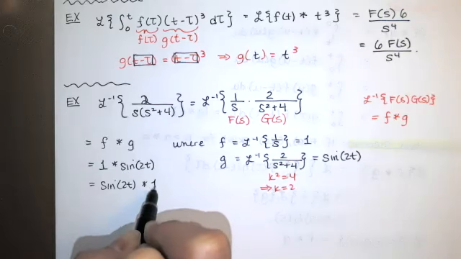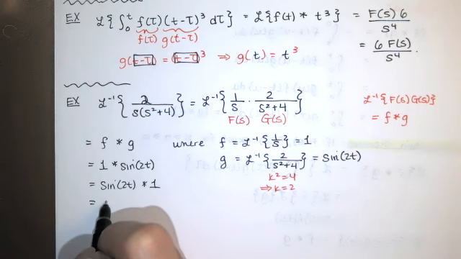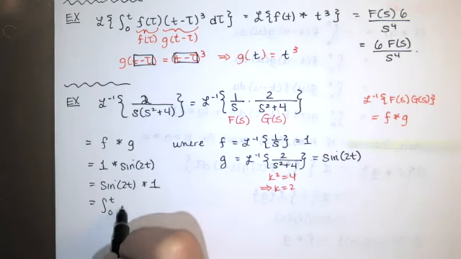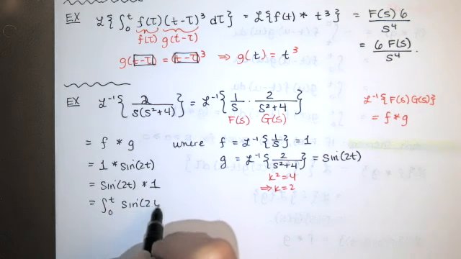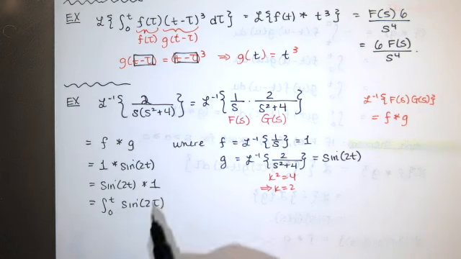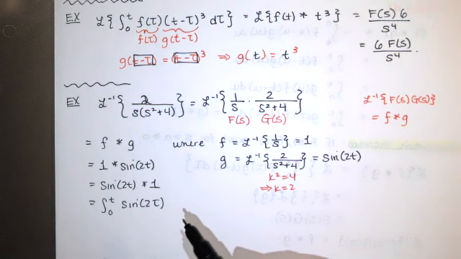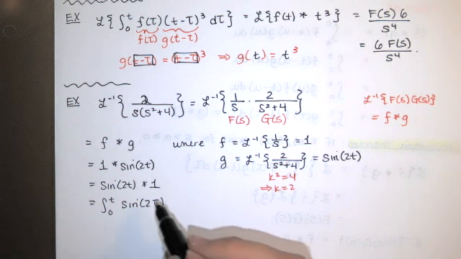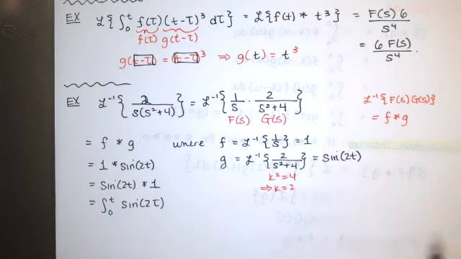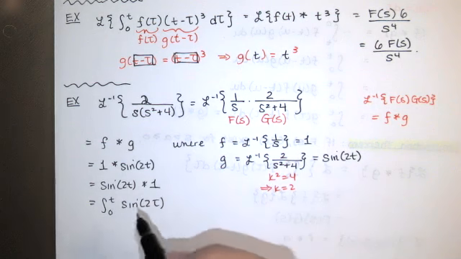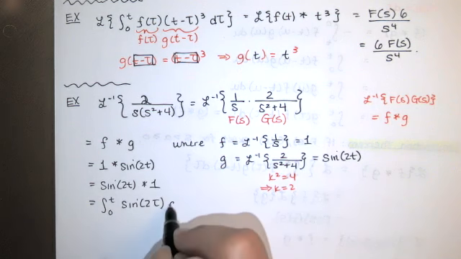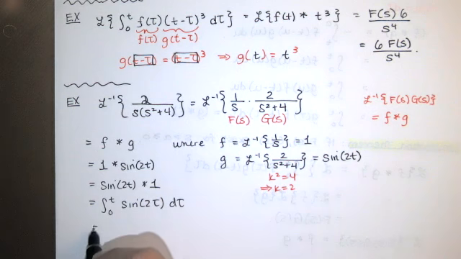And I'll just say that that's equal to that, which is defined to be the integral from 0 to t of sine of 2 times tau. And then we'd evaluate this function g of t equals 1 at t minus tau. Well, if you change the input of a constant function, the constant function stays exactly the same. So it's still going to be this times 1, and you're integrating with respect to tau.